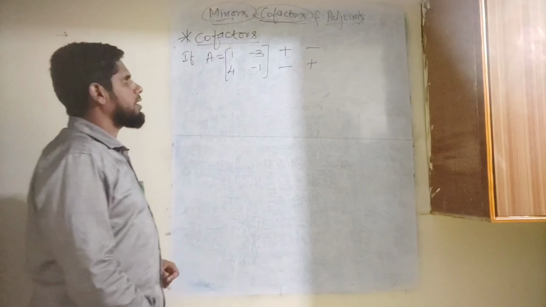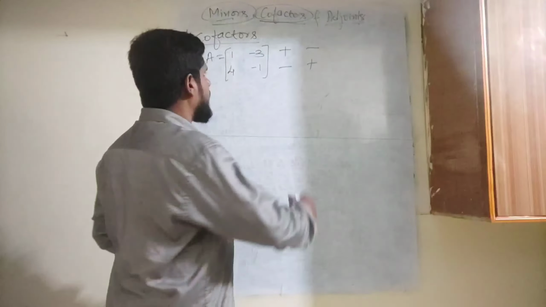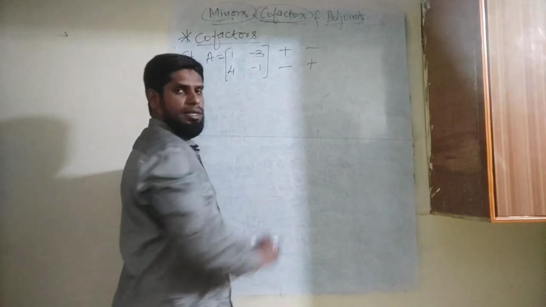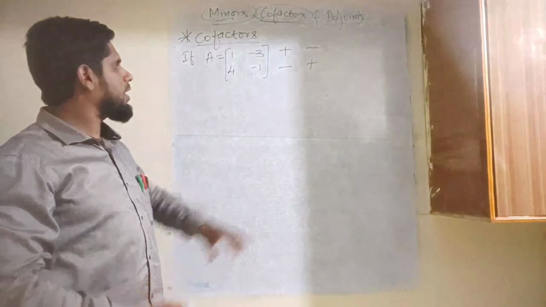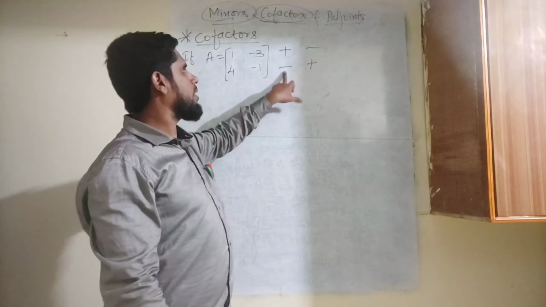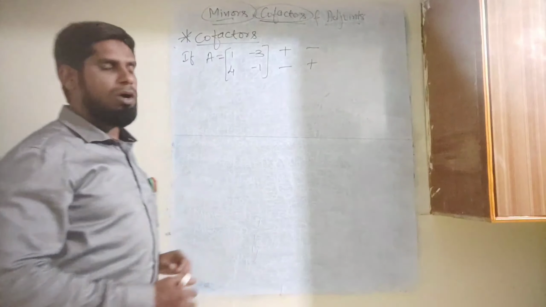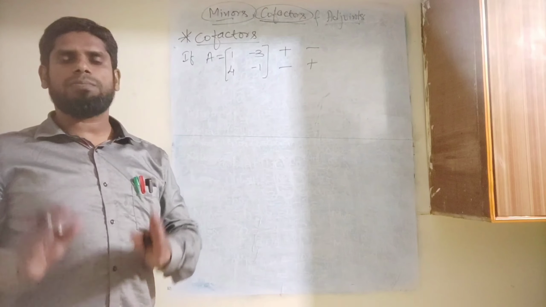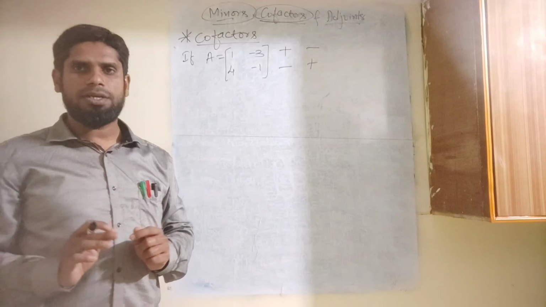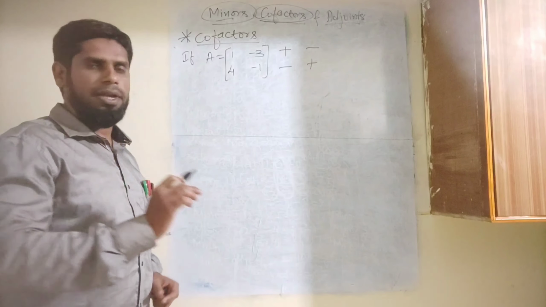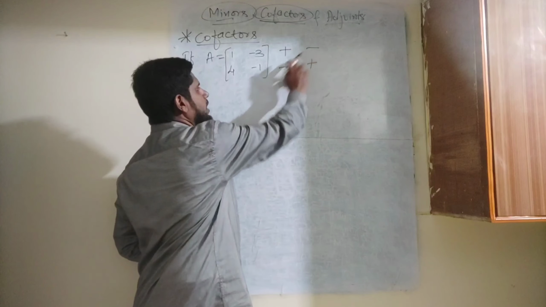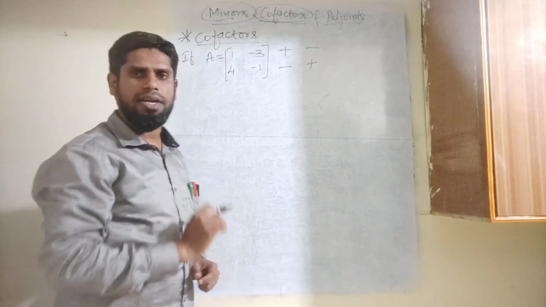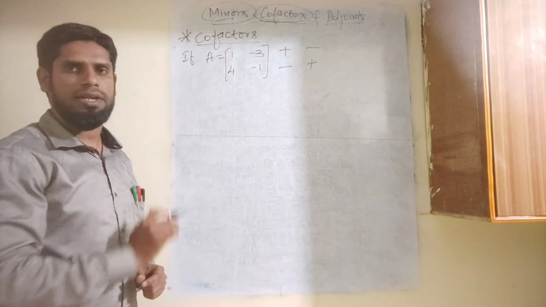Since we know that in a determinant each and every element has a hidden sign, for a 2 cross 2 matrix the hidden signs are plus, minus, minus, plus. Now, as I said, for a cofactor we should follow the procedure of minors only. The only thing is, to that minor we should multiply these hidden signs. Then we will get the cofactor of the particular element.